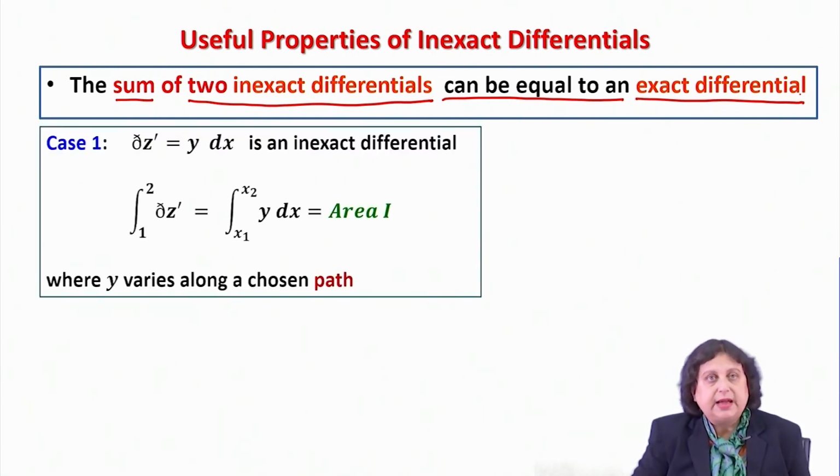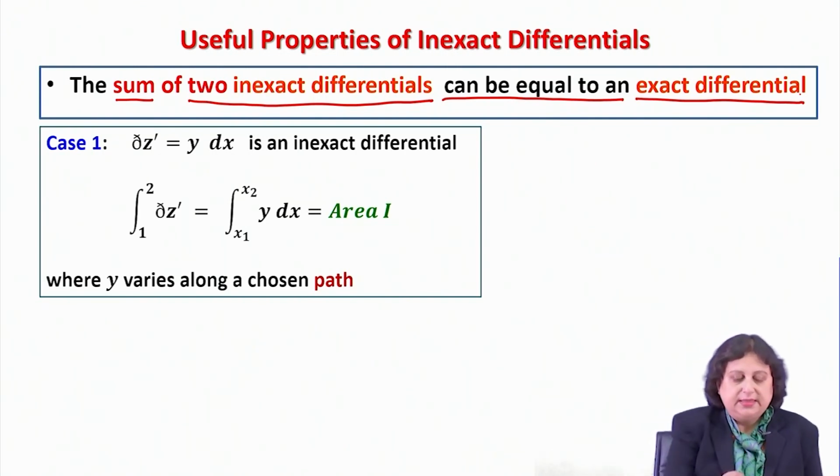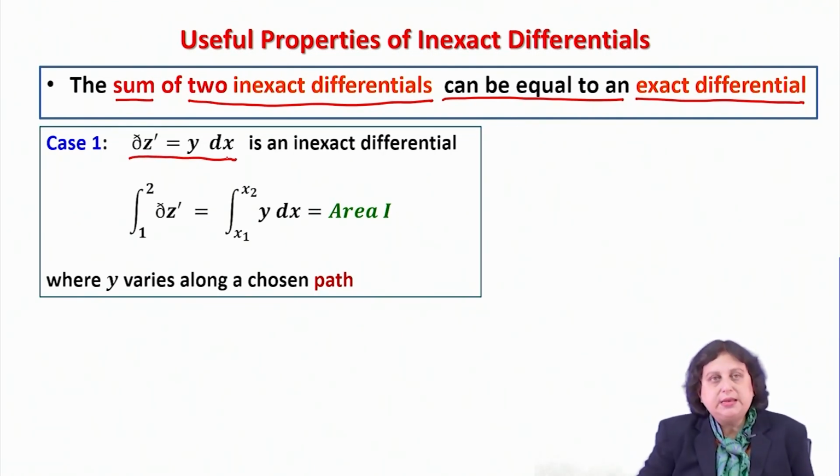Now, to do that, I will take a first case where I'm thinking about an inexact differential that we have already seen, and this is δz' is equal to y dx. Please note that for all inexact differentials, I'm not writing them as dz.